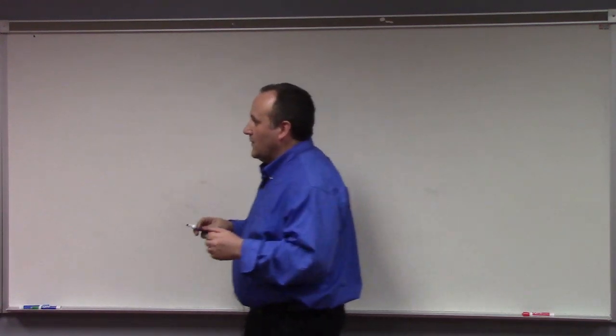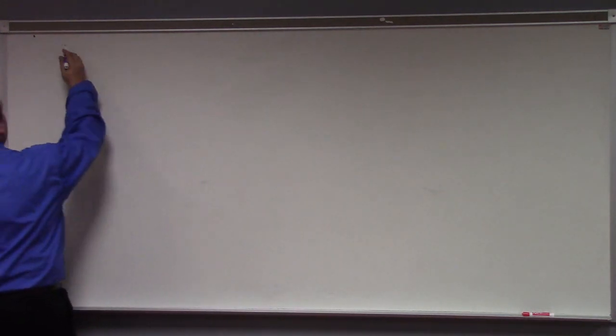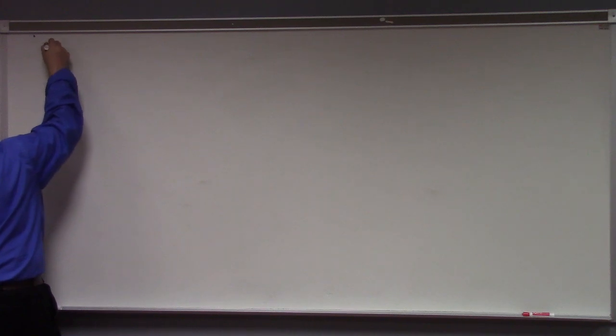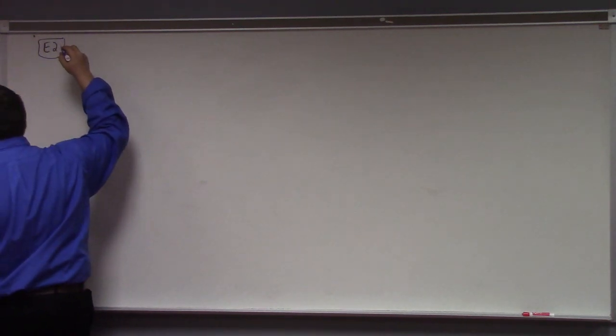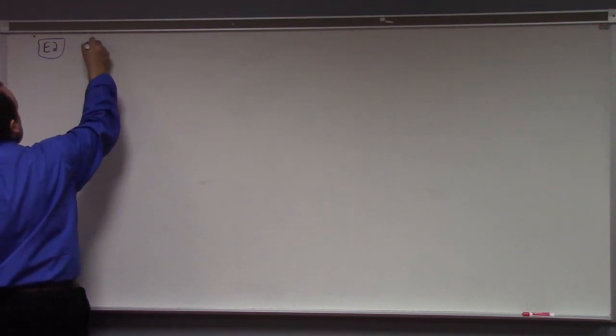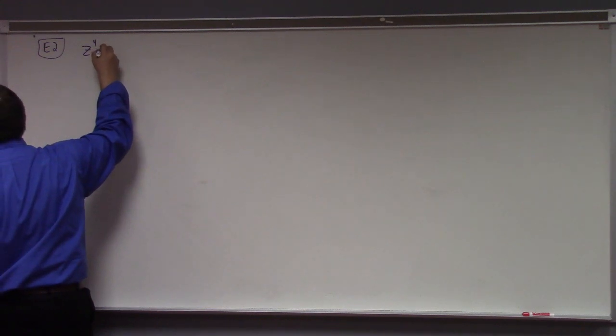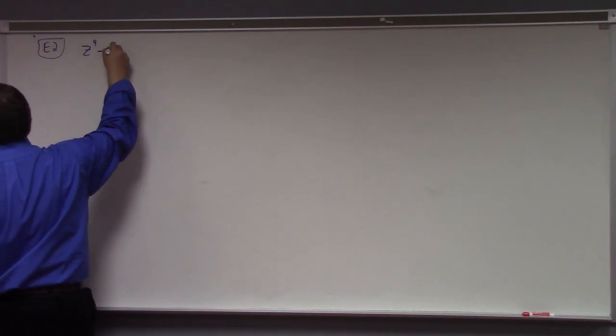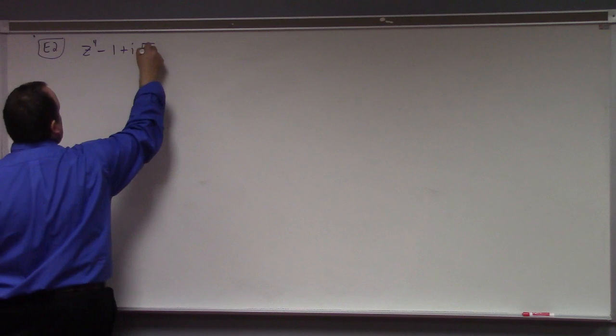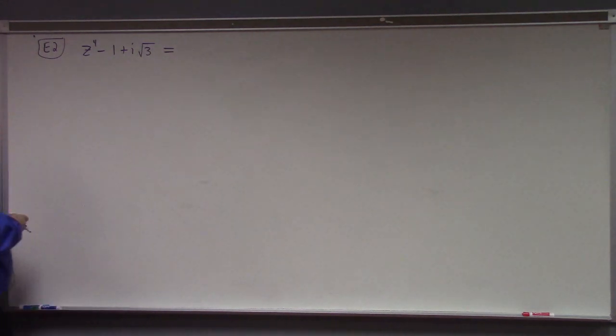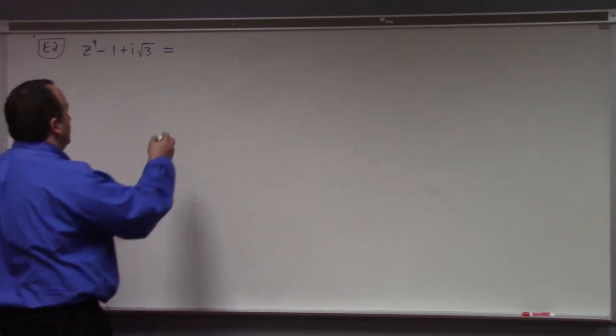But the other thing I should mention here is if I was going to say, oh, I don't know, calculate z to the 4th minus 1 plus I root 3. Well, if I was going to set that equal to 0, first of all, these are the solutions of that being set equal to 0, right? But hey, we can factor this, right?